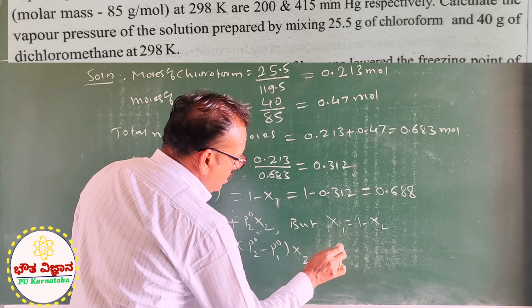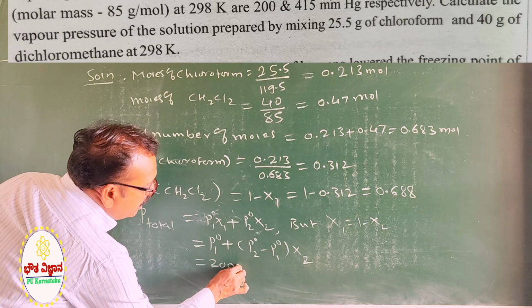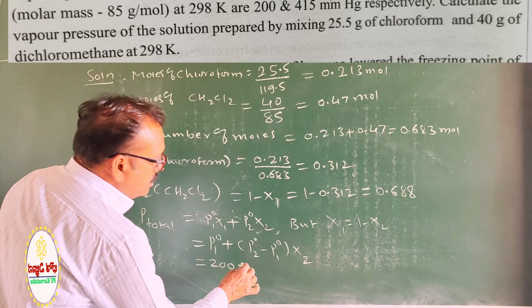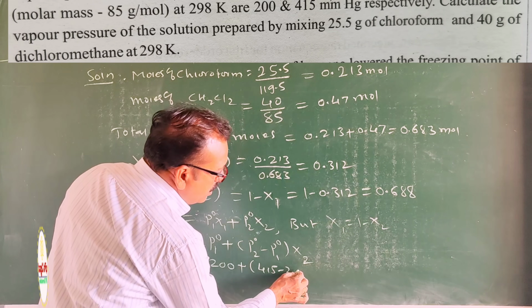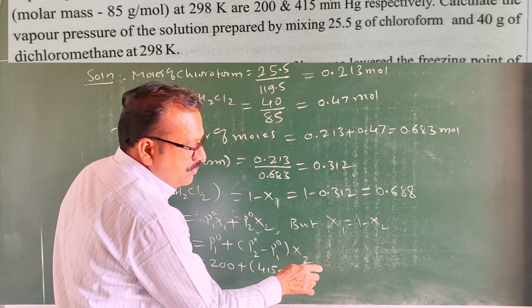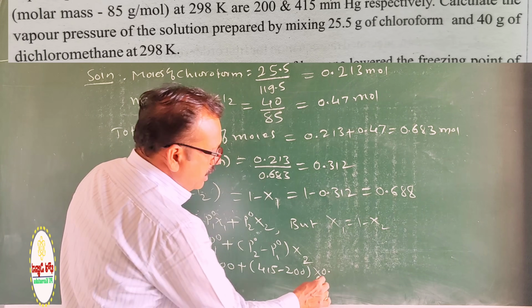So here P1 naught they have given 200 plus (415 minus 200) into the mole fraction x2, 0.688.